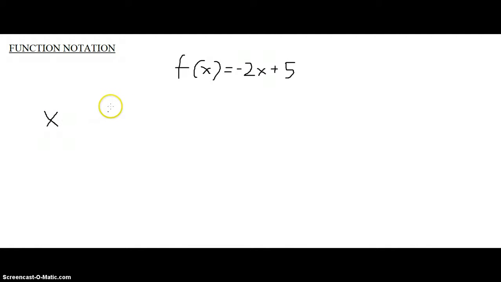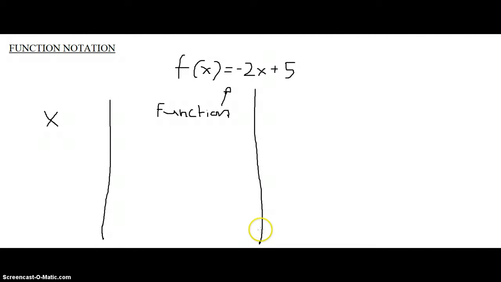X, the input, function rule, which is this right here, and then F(x), the output.